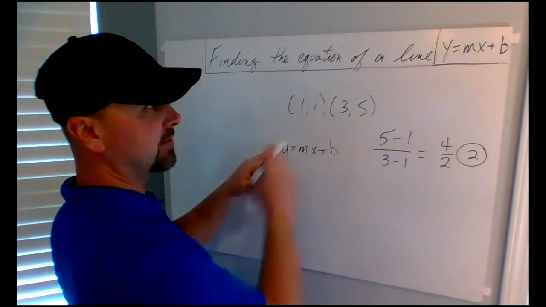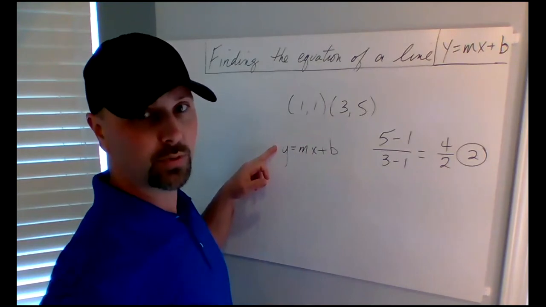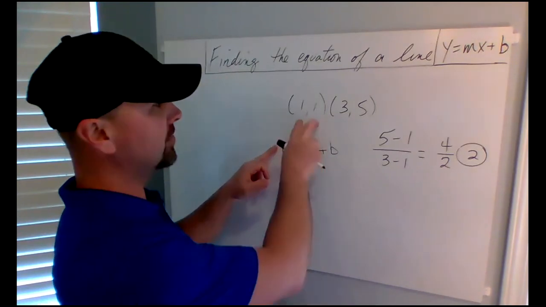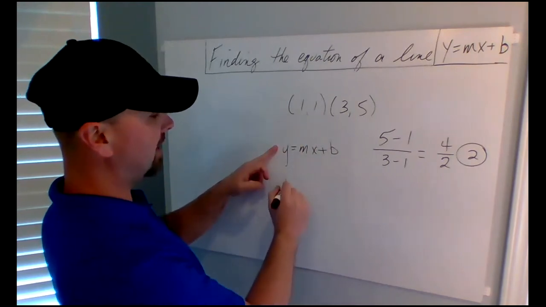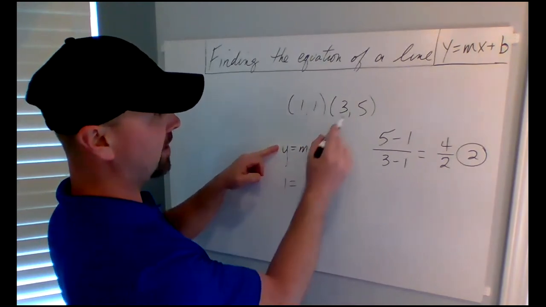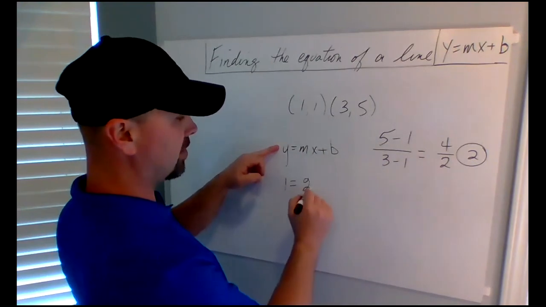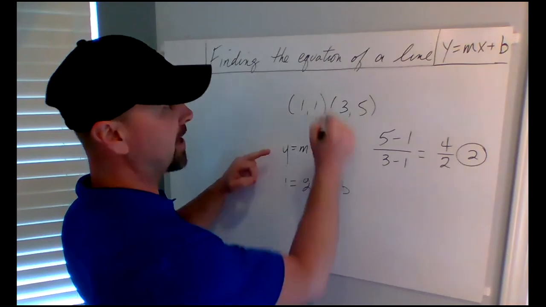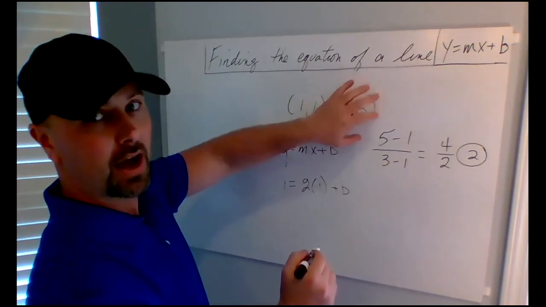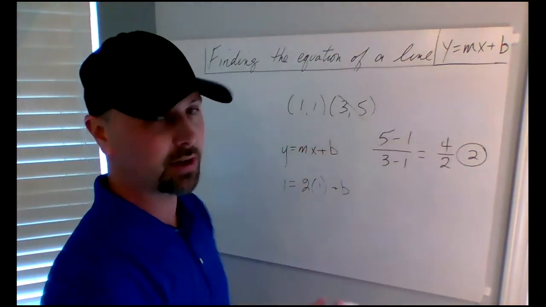Now in this problem, we have 2 points. We can choose either one. I'm actually going to pick this one because it's smaller numbers. So y is equal to m, the slope we just found, times x plus b. I don't even need this now. I only needed that second point to get the slope.